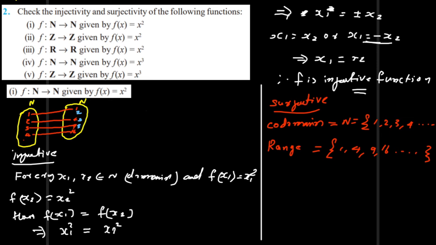Here range and codomain are different. So you can write range of f not equal to codomain. If they are equal, then we can say it is onto, that every element has a pre-image. So therefore f is not a surjective function.